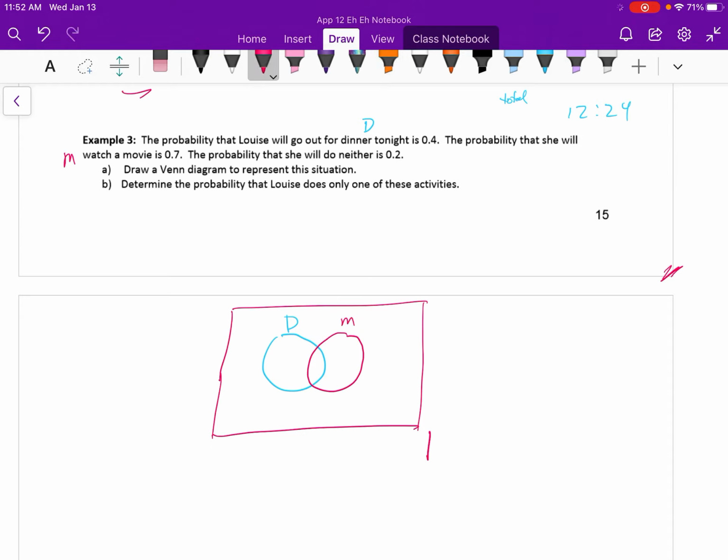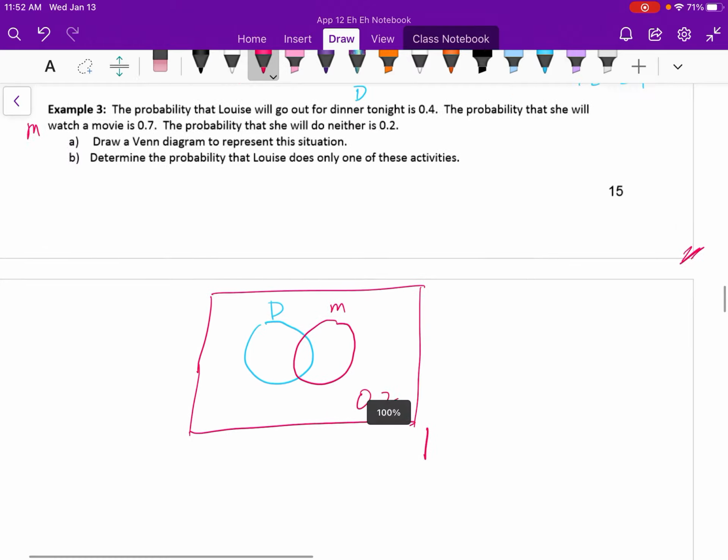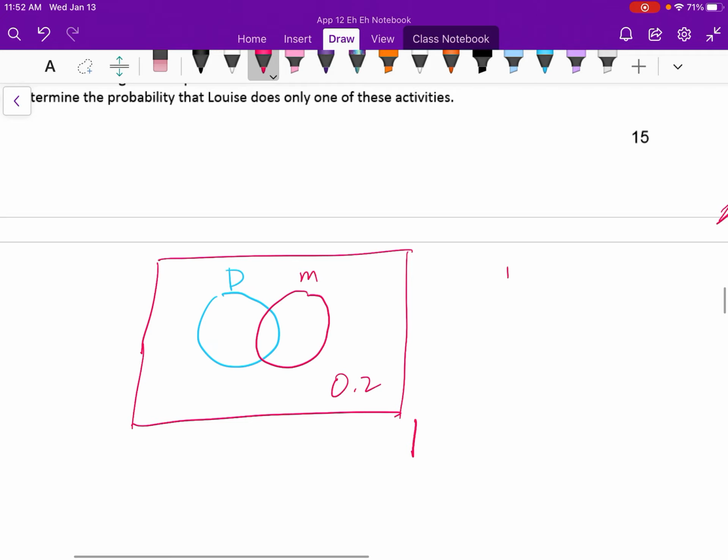I don't know how much is in the middle. But what I do know is how much is neither dinner nor a movie, and that is 0.2. So she doesn't go to dinner, she doesn't have a movie, is 0.2.